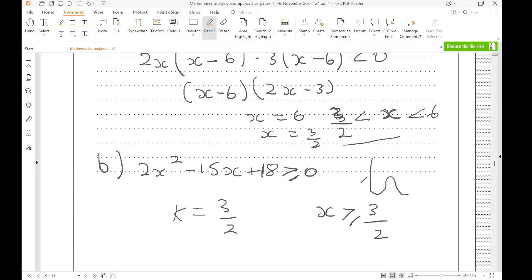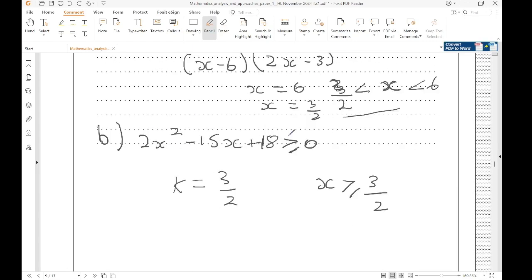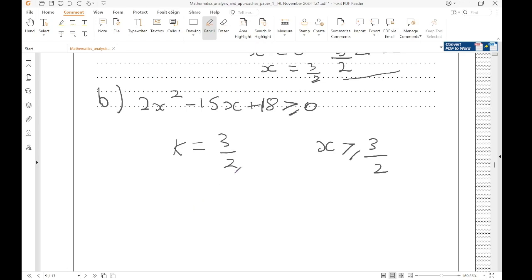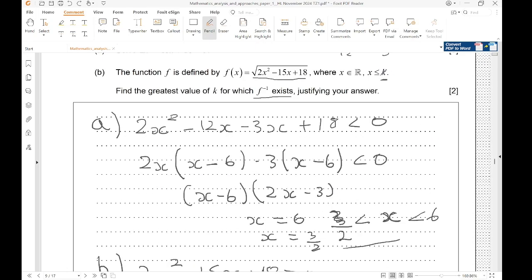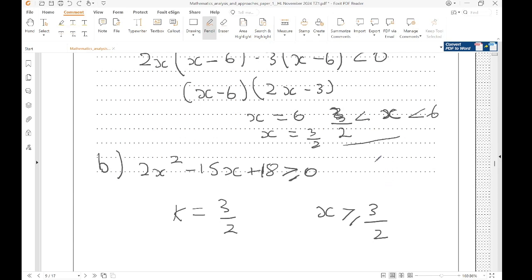That means the horizontal line test will not work, as there are multiple intersections and this function is not 1 to 1. So for this function to have an inverse, k has to be 3 over 2. That means that x has to be less than or equal to 3 over 2.